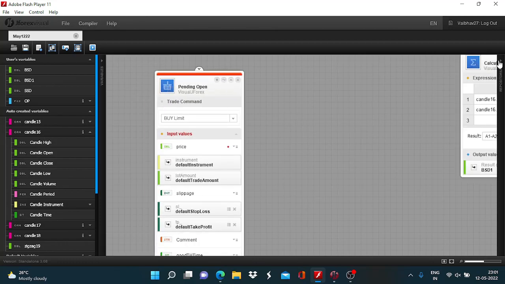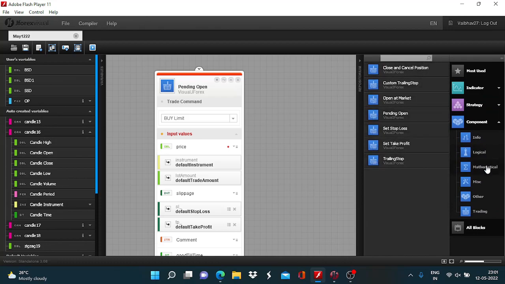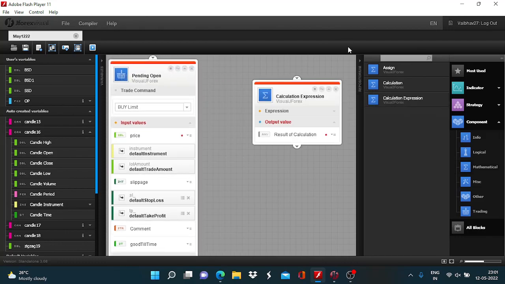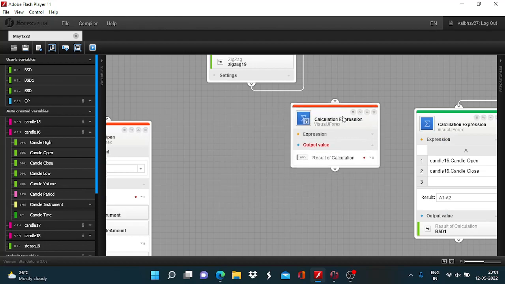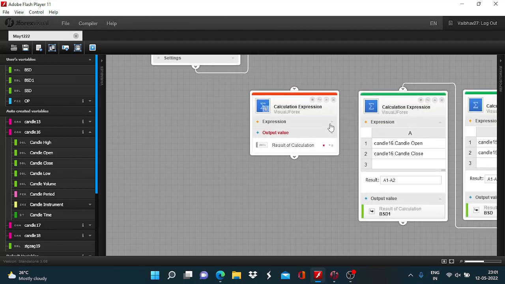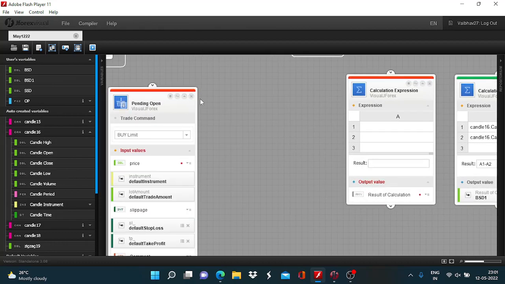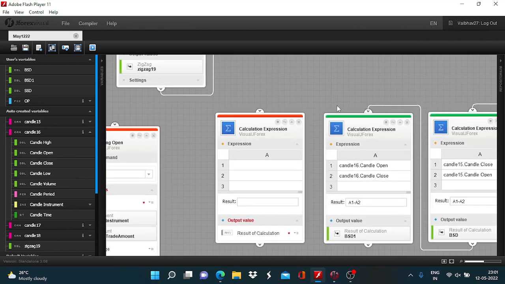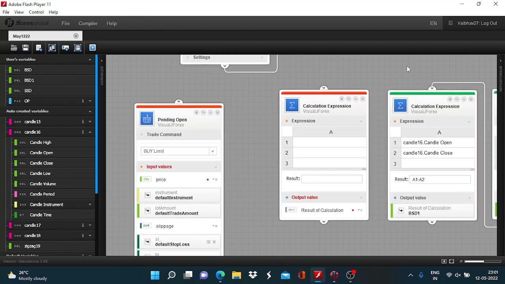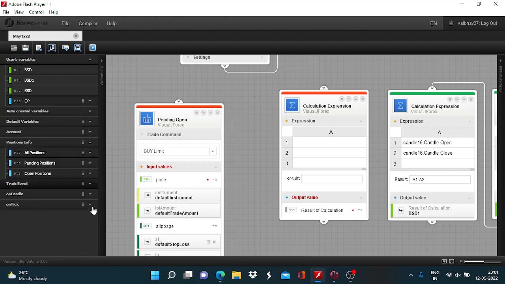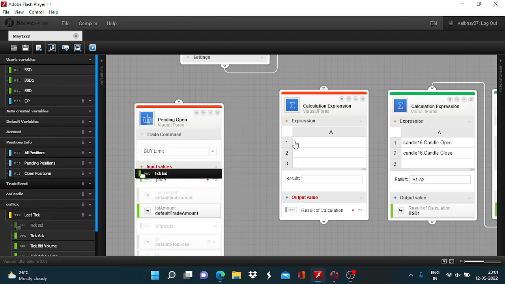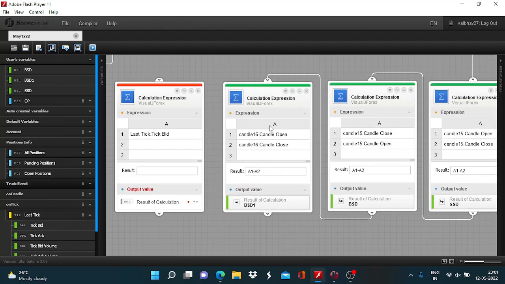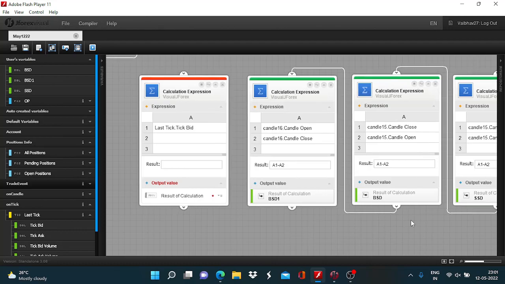For that, I'm going to need calculation expression. So we take last tick, take bid and deduct the last hour's closing and opening price difference.